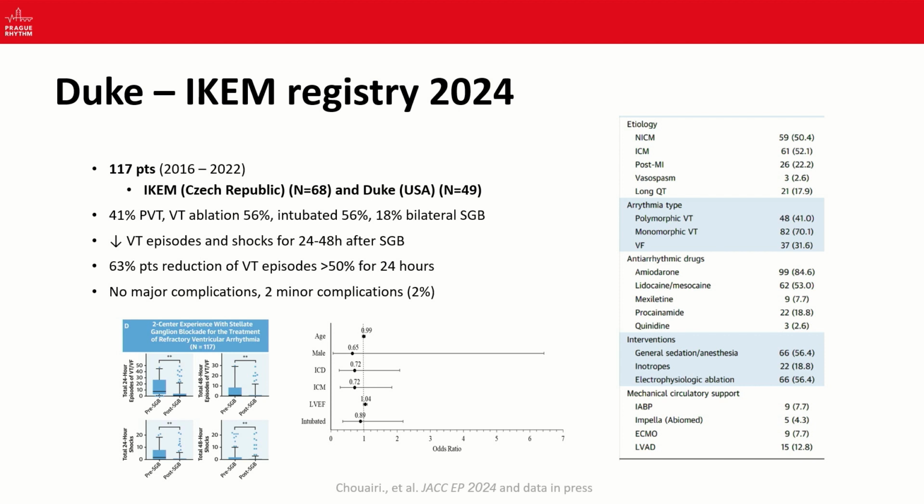We did not observe any major complication, and there were only 2 minor complications. We also tried to analyze some predictors of the efficacy of the procedure. Nevertheless, we did not find any predictor such as age, etiology, whether the patient was intubated or not, and others.